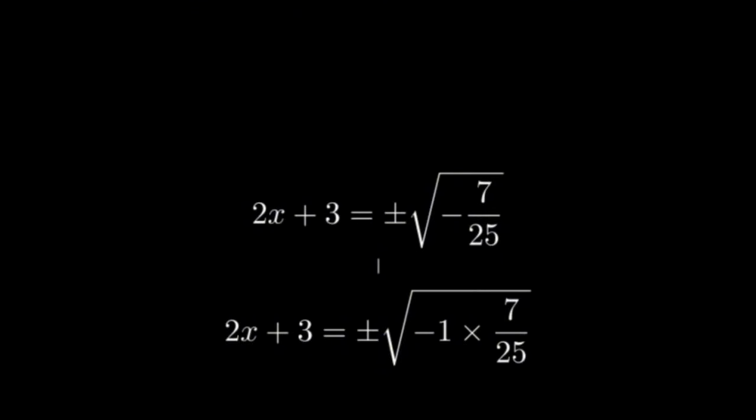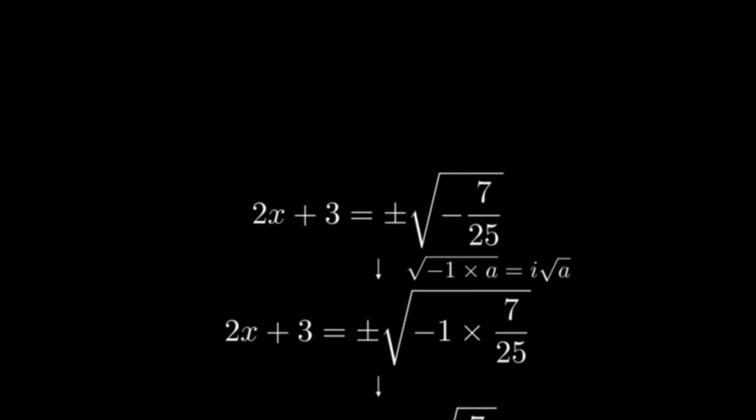So we rewrite the square root of negative 7 over 25 as the square root of negative 1 times 7 over 25. One of the fundamental properties in complex number theory is that the square root of negative 1 equals i, the imaginary unit. So we can apply the rule shown here.